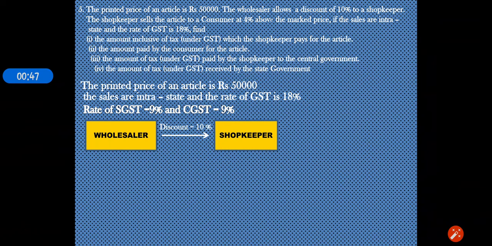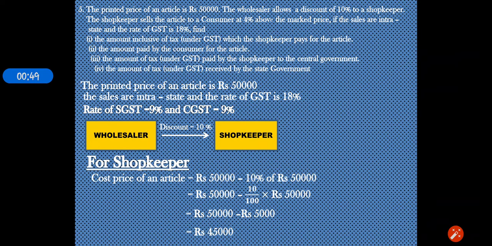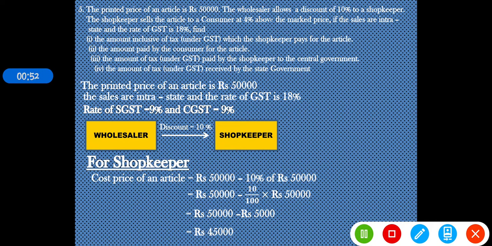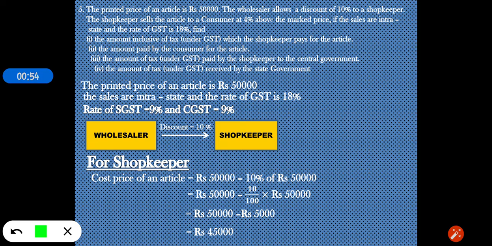Now let's understand this whole problem first with this diagram. So a wholesaler allows a discount of 10% to a shopkeeper. That means the wholesaler is going to sell an article to a shopkeeper, giving him a discount of 10%. So what is the cost price? The cost price of the article for the shopkeeper is equal to rupees 50,000 minus 10% of rupees 50,000.